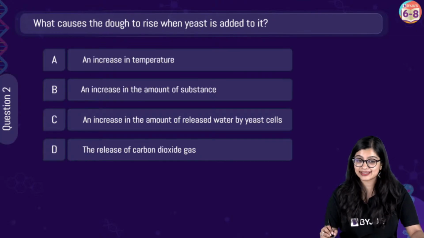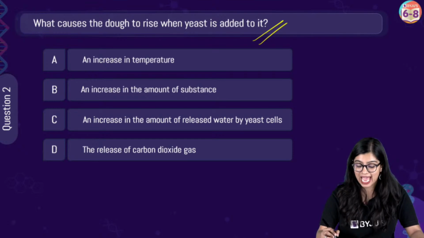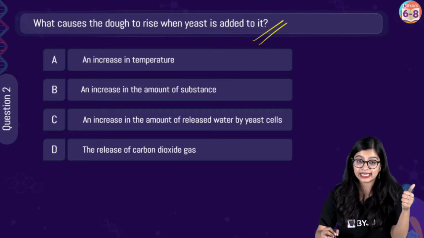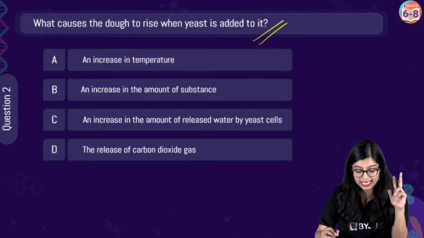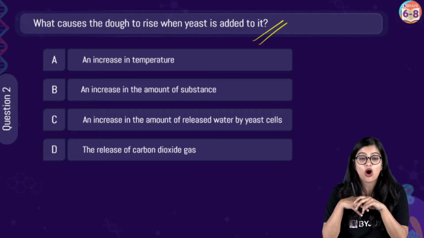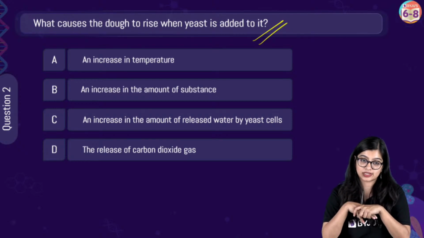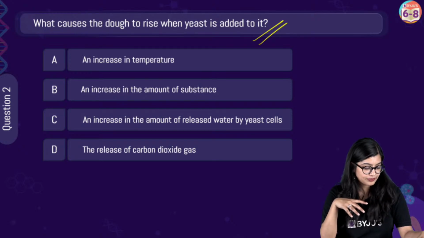Moving on to the next question. What causes the dough to rise when yeast is added to it? A, increase in temperature; B, increase in the amount of substance; C, an increase in the amount of water released by the yeast cells; or D, the release of carbon dioxide.